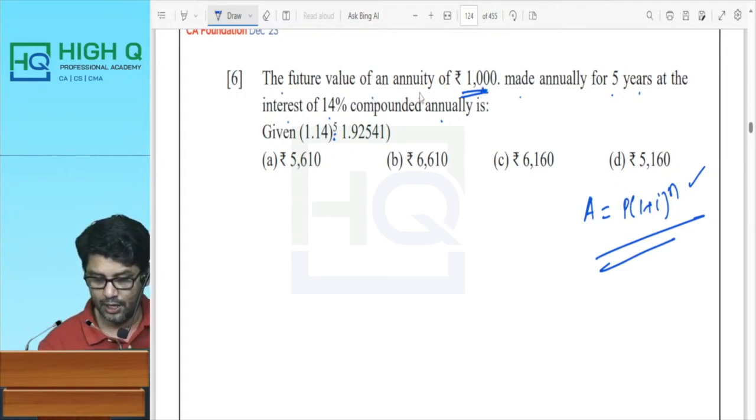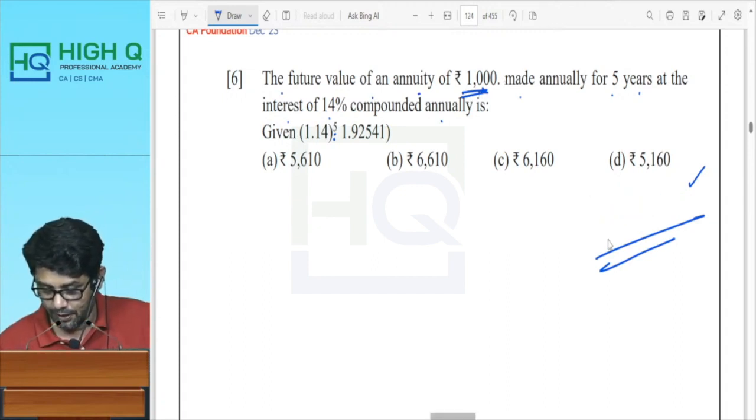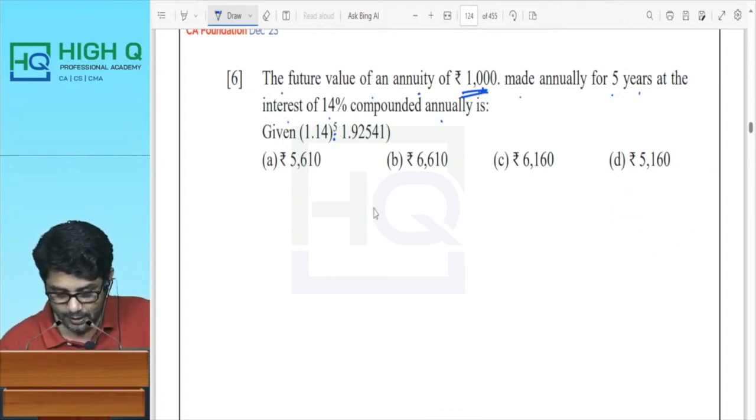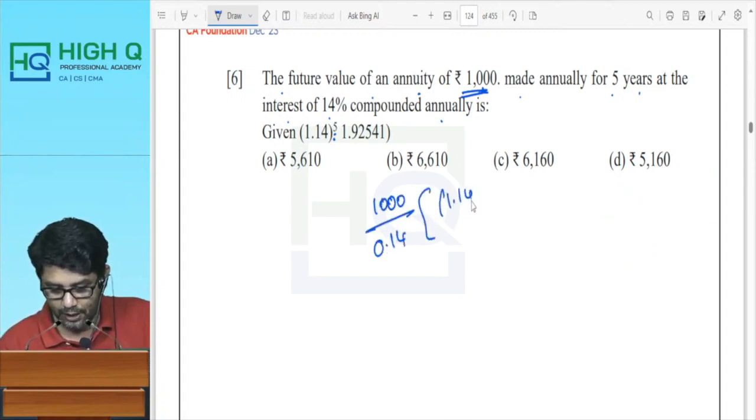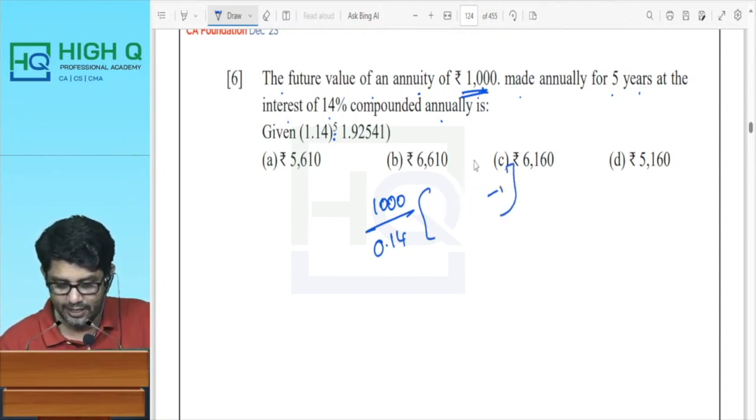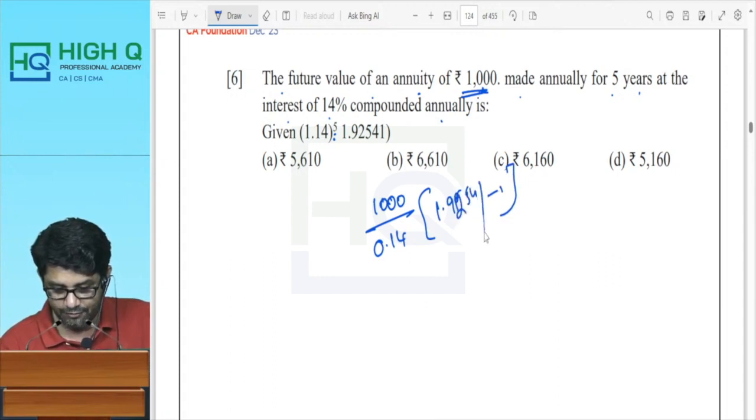Okay. Simply what you do, the future value of an annuity, 1000 made, oh sorry, it's annuity only. What is it? 1000 divided by 0.14, 1.14 whole power 5 minus 1. But this value is given already, I told you, right? 1.92541.